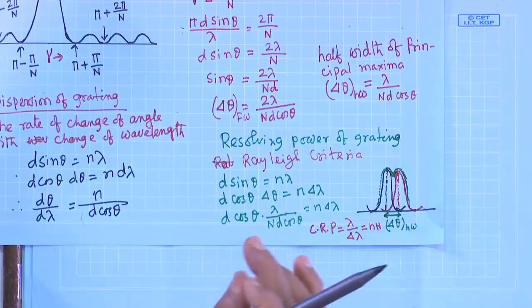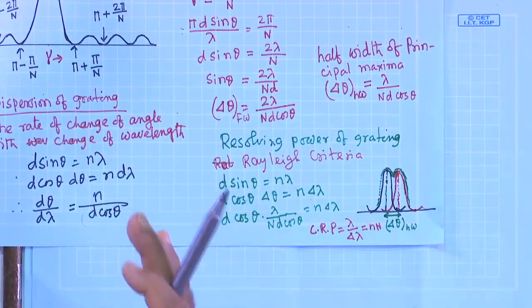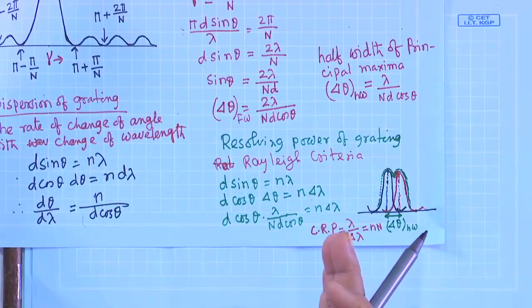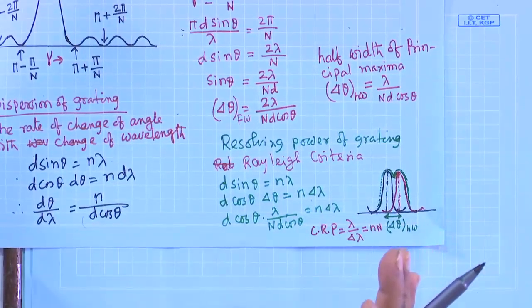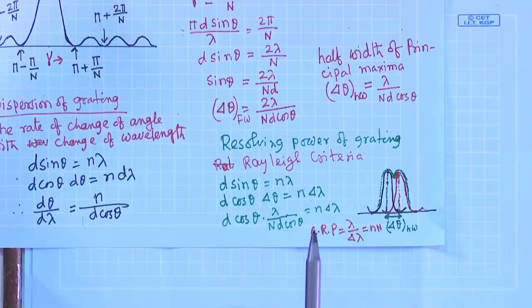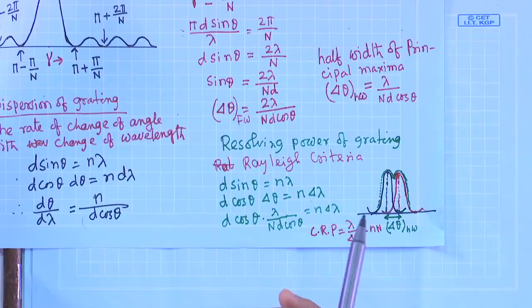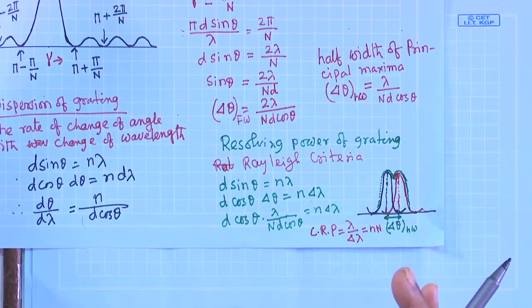And the resolving power of the grating is nothing but this. For a wavelength lambda we will get the principal maxima, and for another wavelength lambda plus del lambda we will get another set of principal maxima.